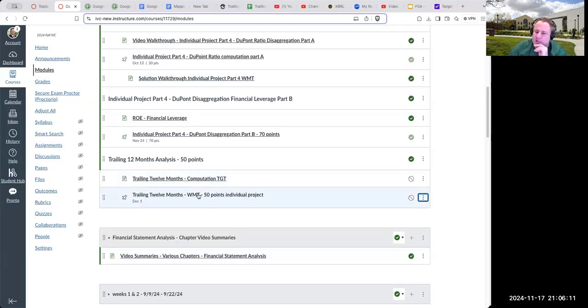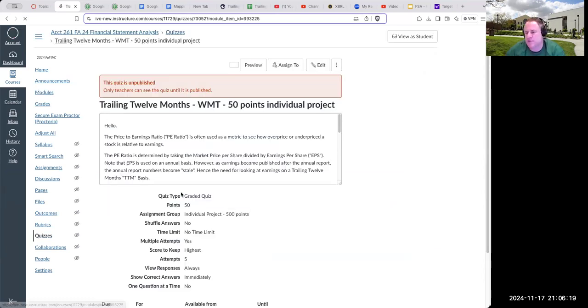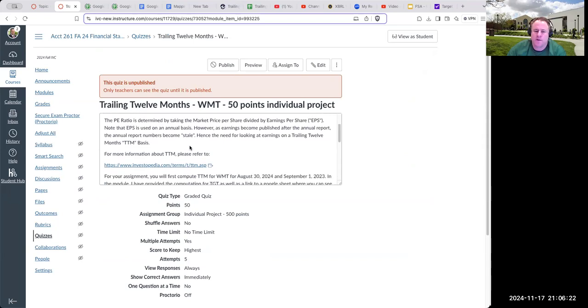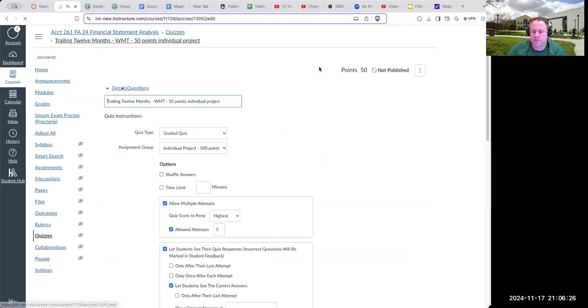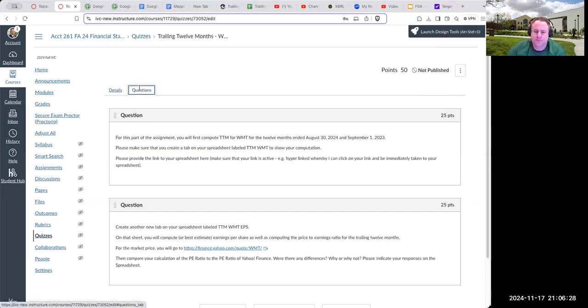So coming over here and looking at your assignment, the part which is essentially answering this quiz, if I hit the edit button, let's take a look. For this part of the assignment, you're going to compute the trailing 12 months for Walmart for the 12 months ended August 30th, 2024 and September 1st, 2023.